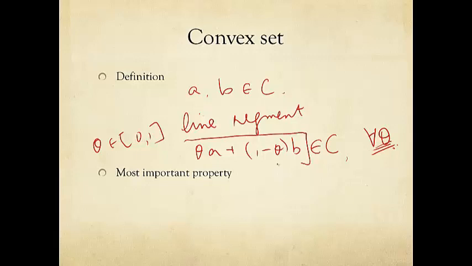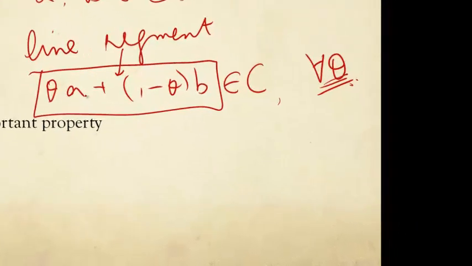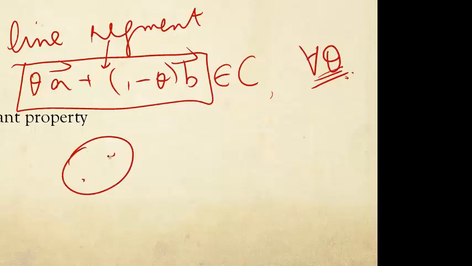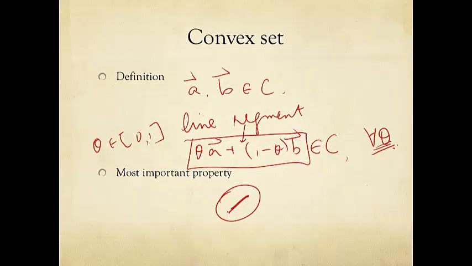This is the mathematical representation of the line segment between points A and B. And by the way, let's say A, B are vectors in general in n-dimensional space. So pictorially, it just says that a convex set is a set where the whole line segment lies inside.